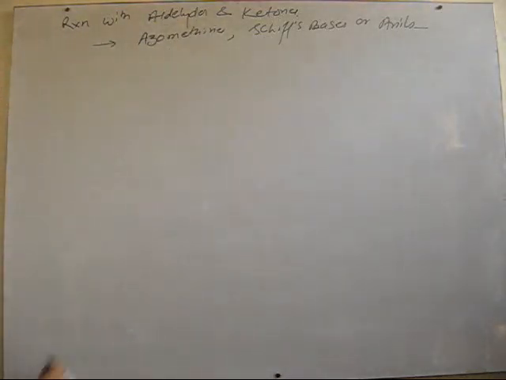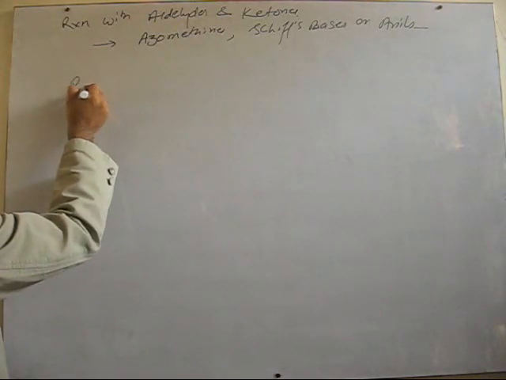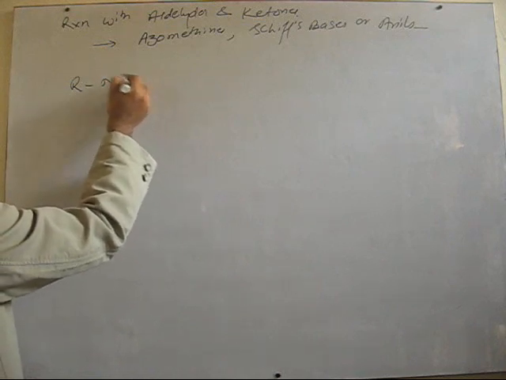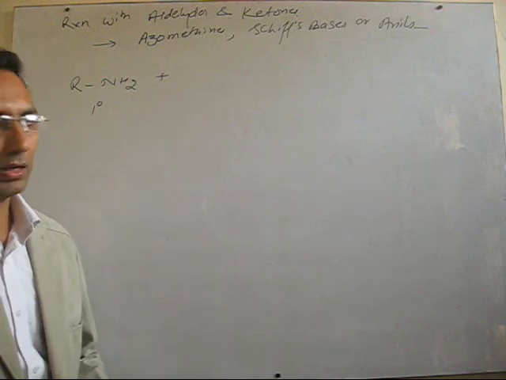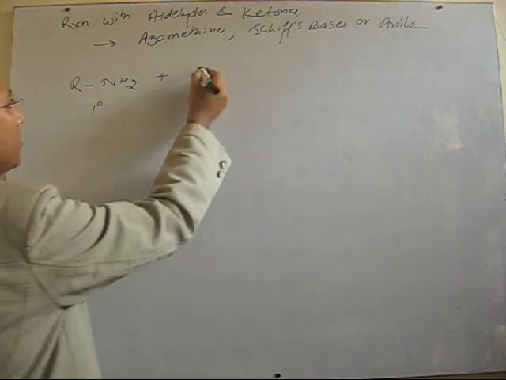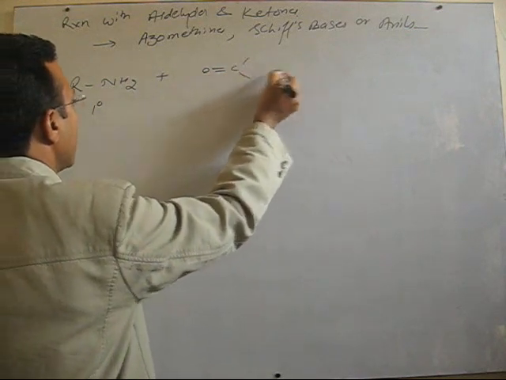Fine. Now let's see how the reaction goes. Let's suppose primary amines take part in this reaction. They react with the carbonyl groups like this.